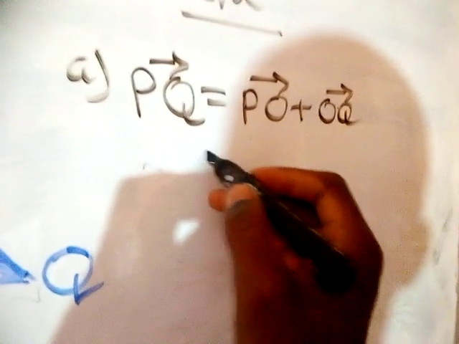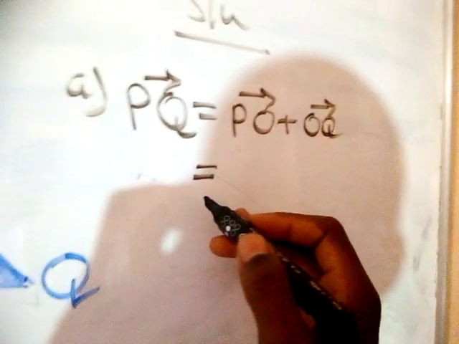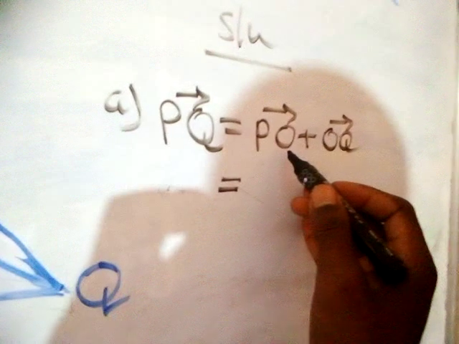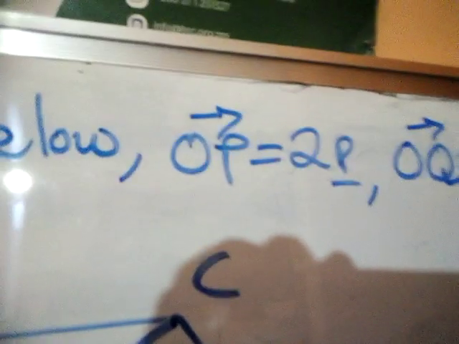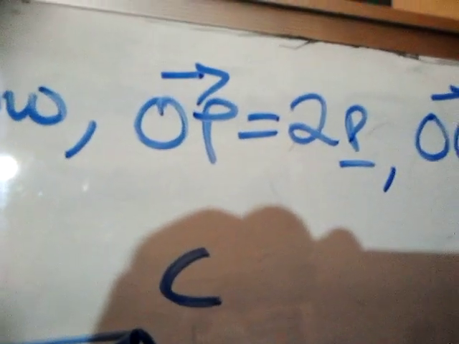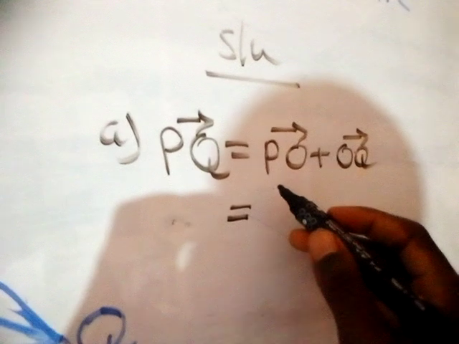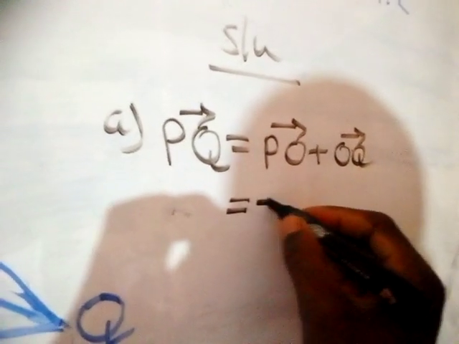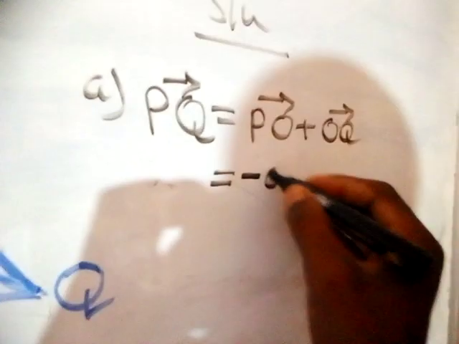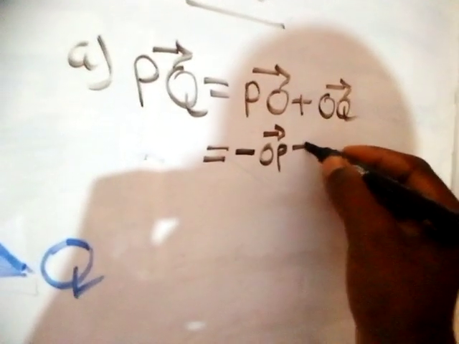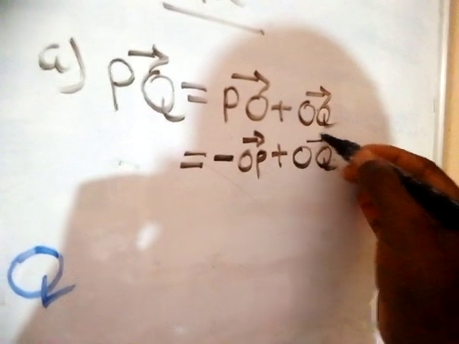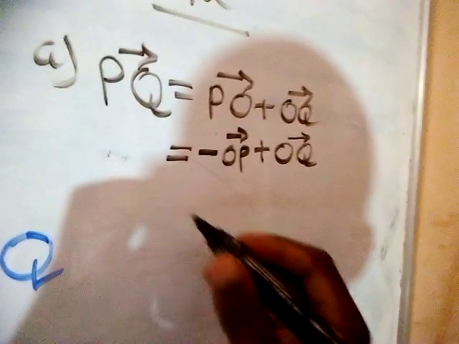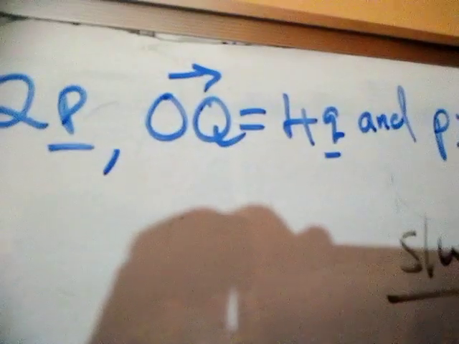And let's substitute the respective vectors. For vector PO, we are moving against vector OP. But for vector OQ, we are moving positively along the arrow, so it's okay.